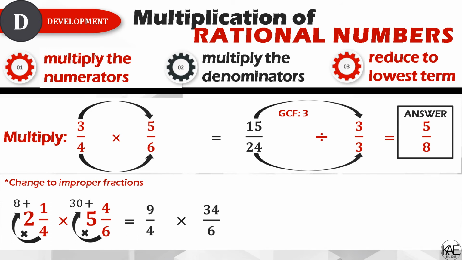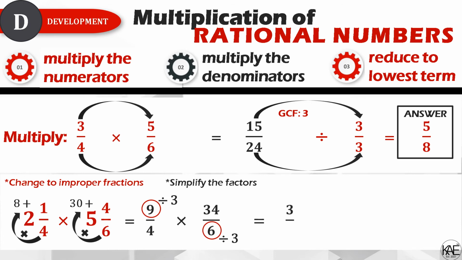Before we proceed to multiplication, we can simplify first the factors. Since 9 and 6 can both be divided by 3, we simplify them.